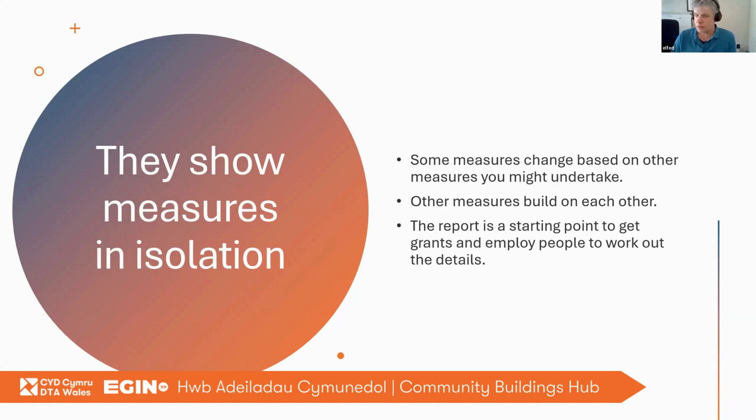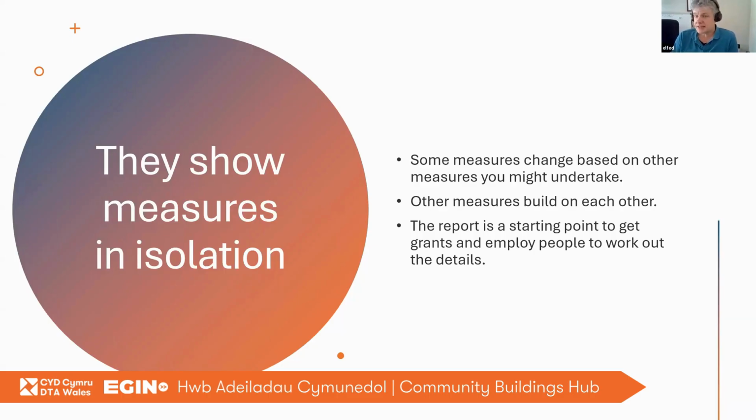So you can calculate that through doing double glazing, it'll save you a certain amount of energy. But as soon as you do it, more of the energy will be lost through the walls and you won't get the full benefit of that measure. But if you insulate the wall and do double glazing together, they build on each other and you'll save more in total than just doing the individual measures. But the report, just to be simple, to be readable, to be understandable, shows measures in isolation.